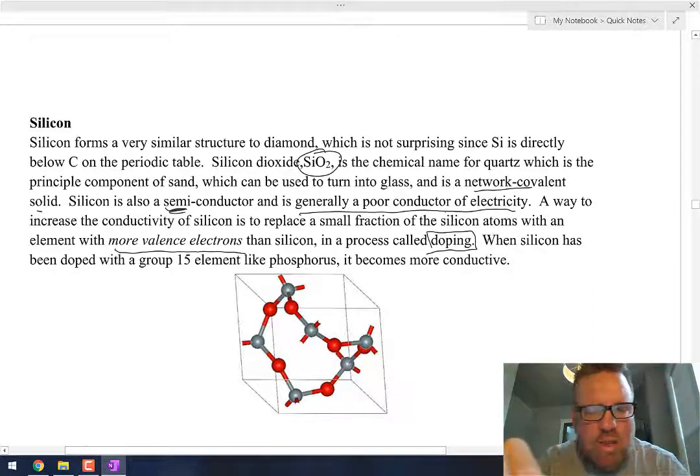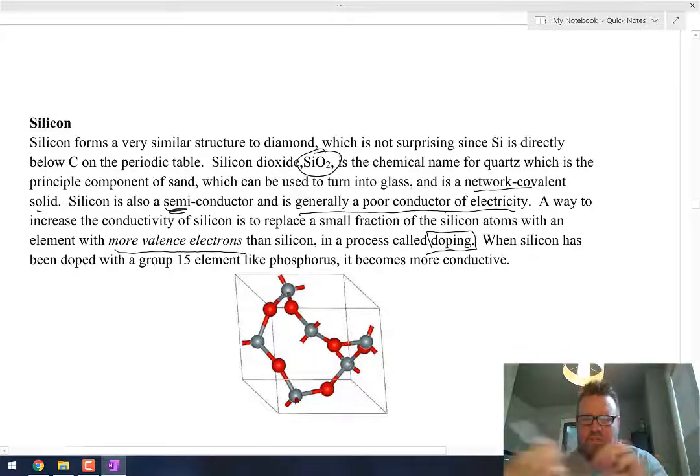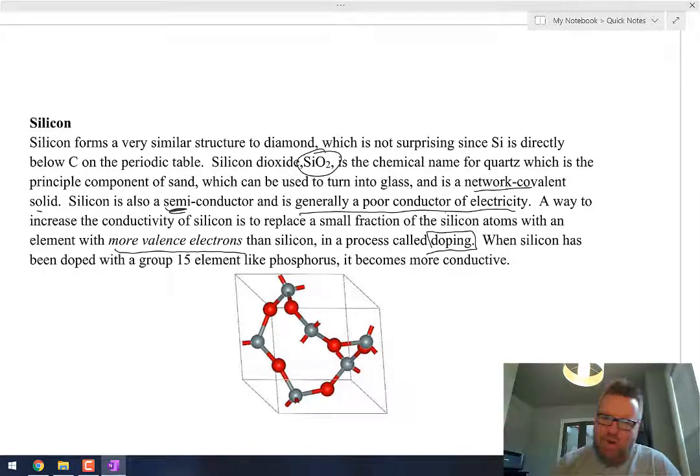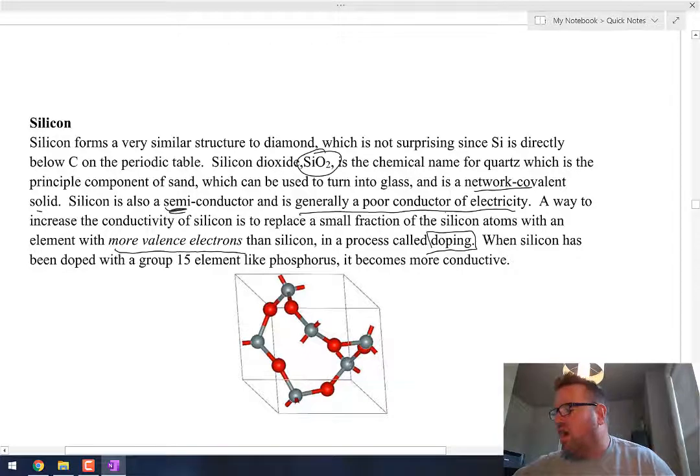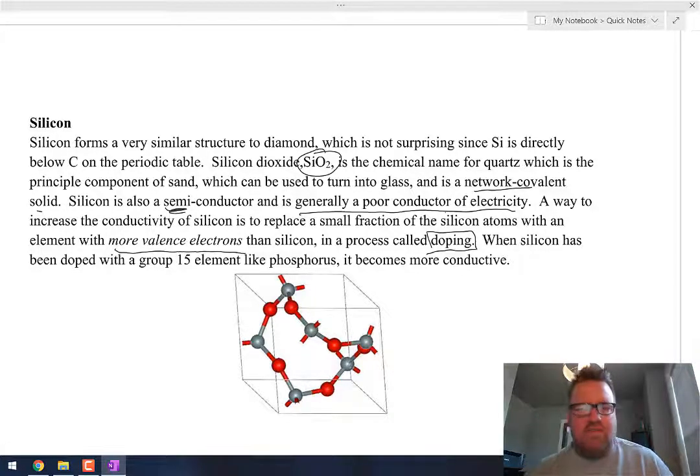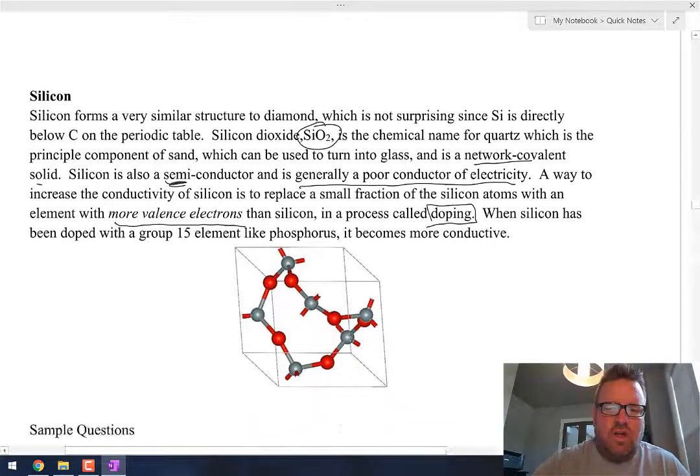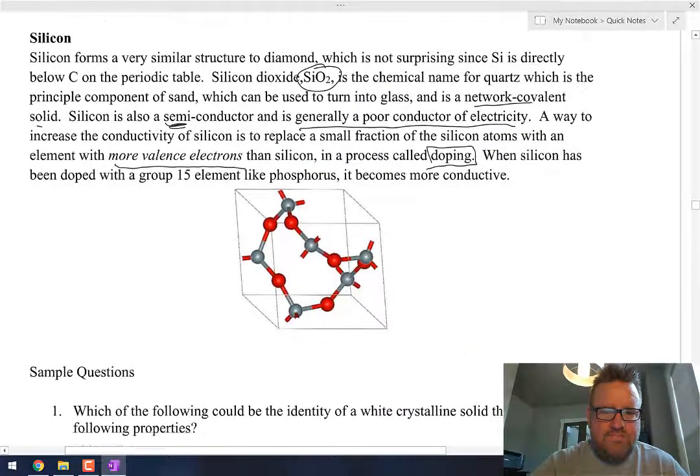Okay, doping an element is basically removing some of those atoms and putting a different element in there that, again, doesn't have the same number of valence electrons, has more valence electrons. So in terms of silicon, an element that you could dope it with pretty easily would be right to the right of it, phosphorus. Okay, phosphorus would be a great element to dope it with because phosphorus has 5 valence electrons where silicon only has 3.